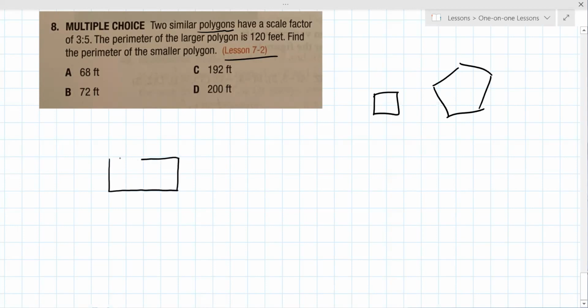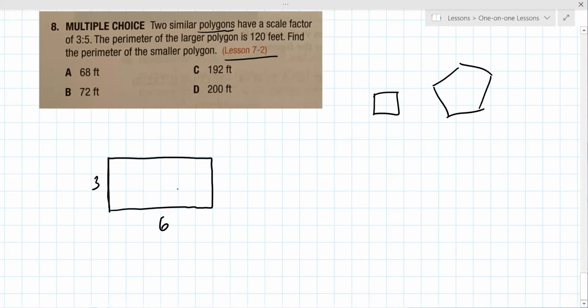We'll just make something up here. So let's say this is 1 and this is 2, and that's terrible because I can use the grid here. Sorry, let me do this differently. 3 and 6. Okay, so let's say this is going to be the smaller one.